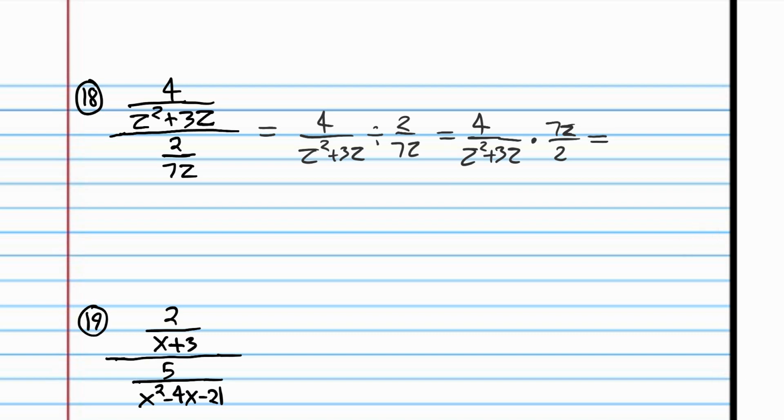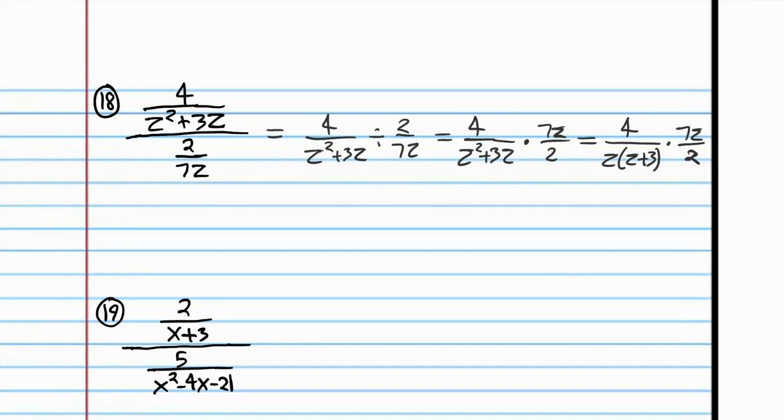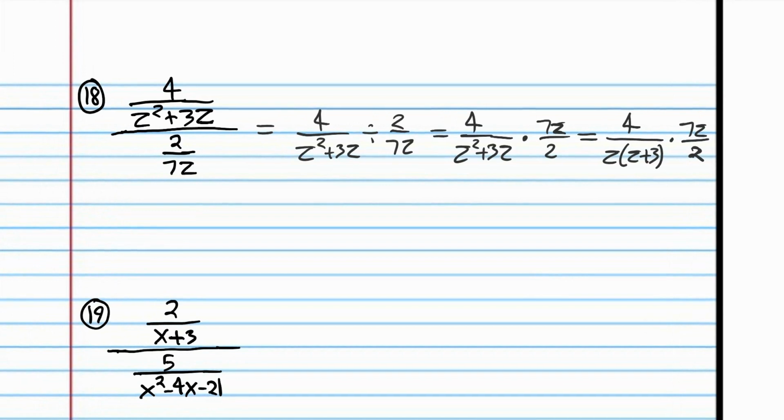Or first of all, we got to factor. I almost jumped ahead there. And there's really only one thing we can cancel out. We can cancel out the z's. But also we can reduce the 4 and the 2. But I'm just going to go ahead and multiply straight across because I don't want to confuse you. And then we can reduce later.